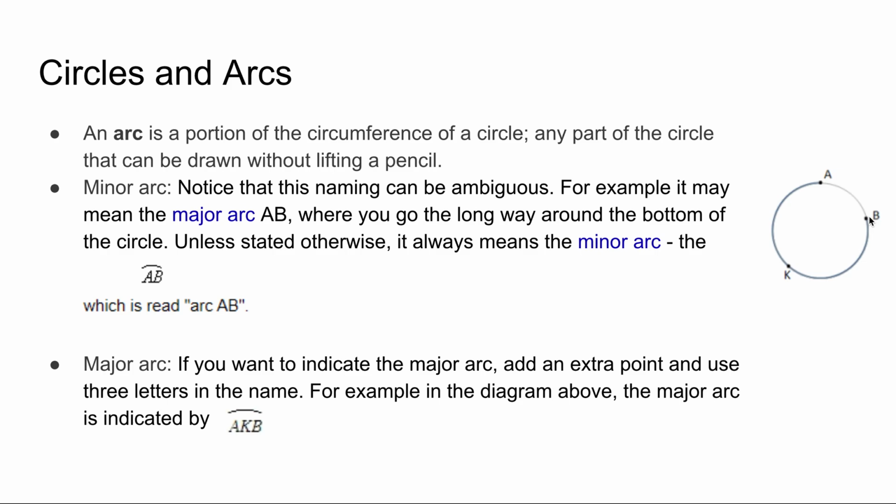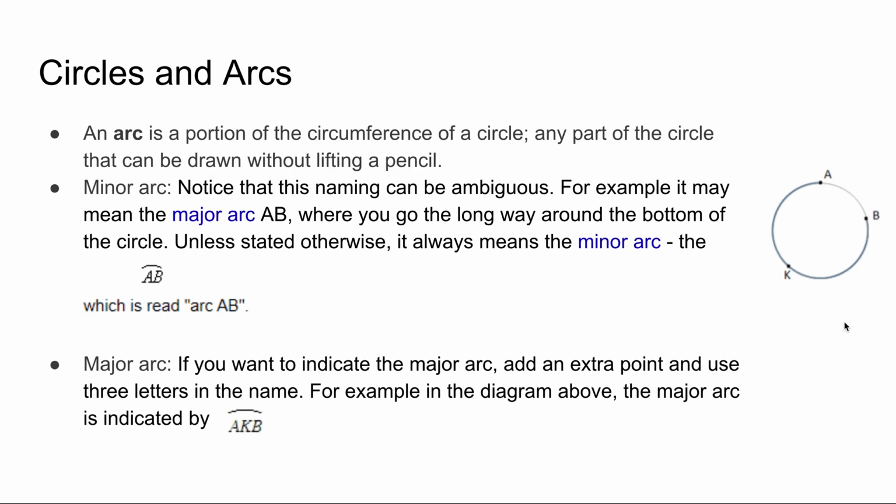Okay, so circumference is the length all around the circle. An arc is only part of it. Okay, so any part of the circle that can be drawn without lifting a pencil. And there are minor arc and major arc. Of course major arc sounds bigger and minor arc sounds smaller, right?